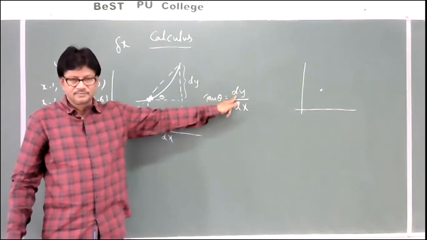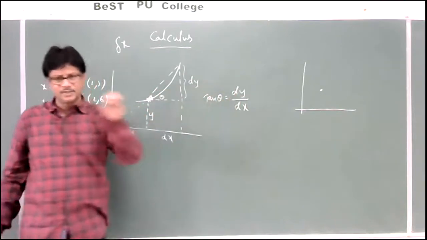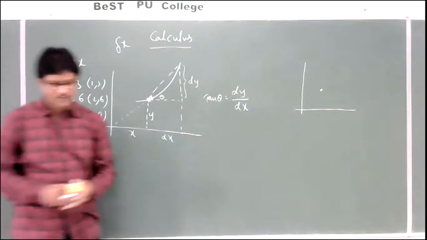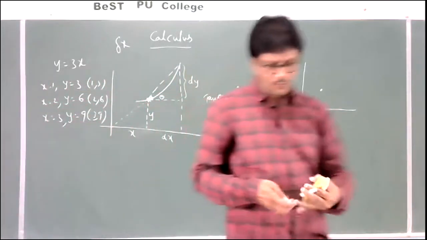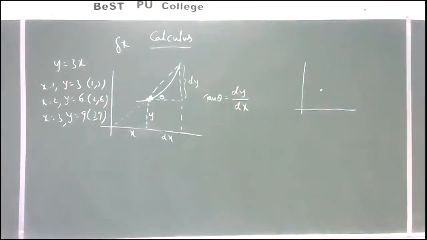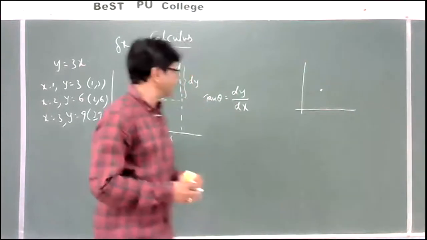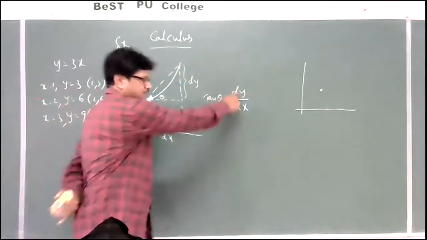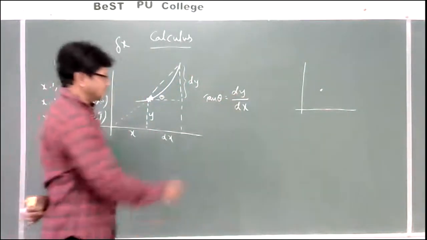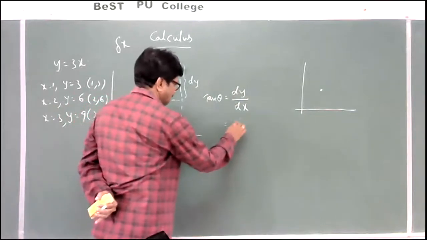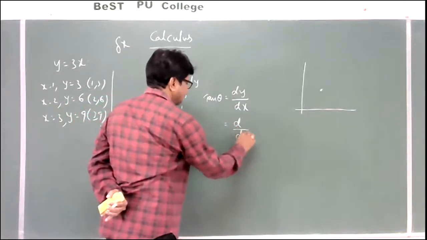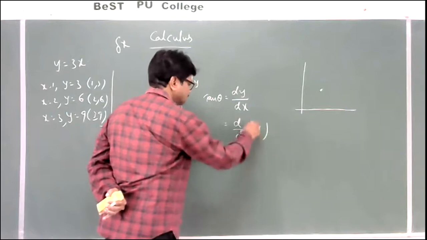Now this we can call differentiation. Differentiation is nothing but the process of differential calculus: differentiate y with respect to x. So here, with your permission, I will write d by dx of y.